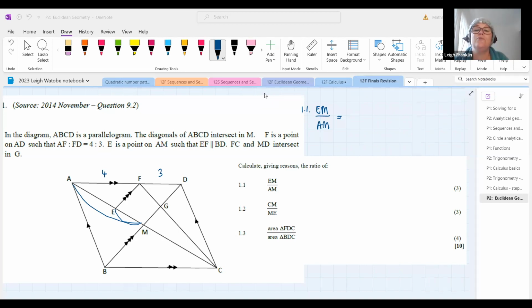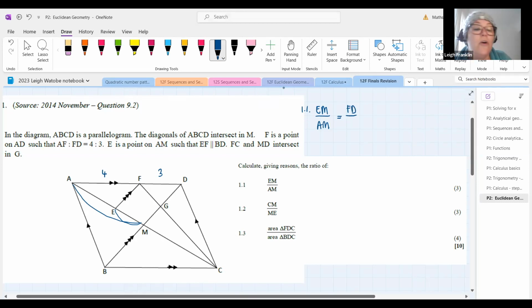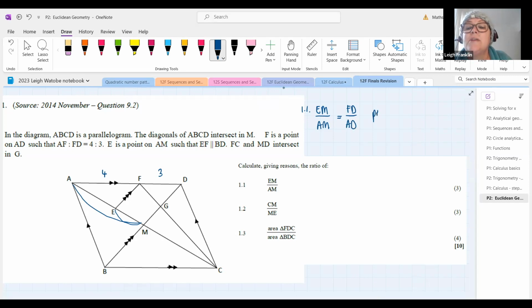Good. And Lebogang, you're also saying FD over AD. Quite right. So it would be equal to FD over AD. Well done. And our reason for that is proportionality intercept theorem. And of course, we need to name the parallel lines. So we've got EF parallel to MD.